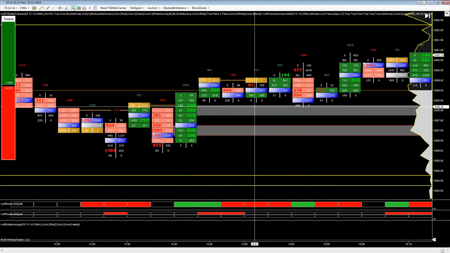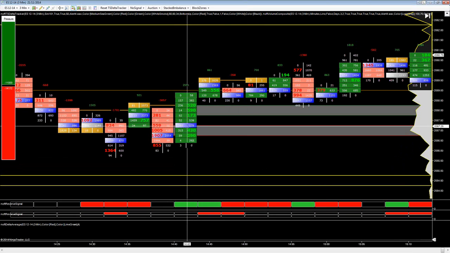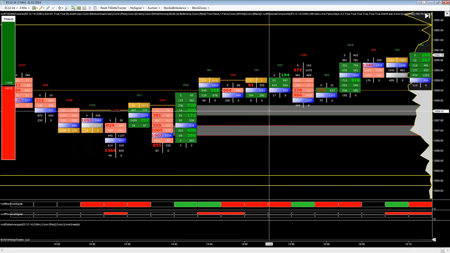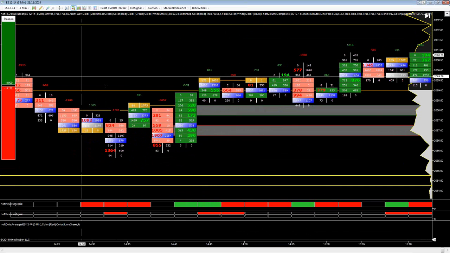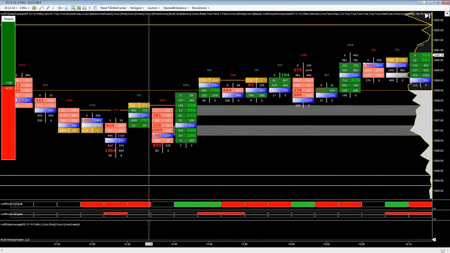Block zones, stacked imbalance, aggressive buyers, aggressive sellers, the delta tracker, the volume composite on the right side, the reversal signal algorithm, and the delta average. So I'm practicing what I preach, guys. Use the templates. You save yourself a lot of time and headache.